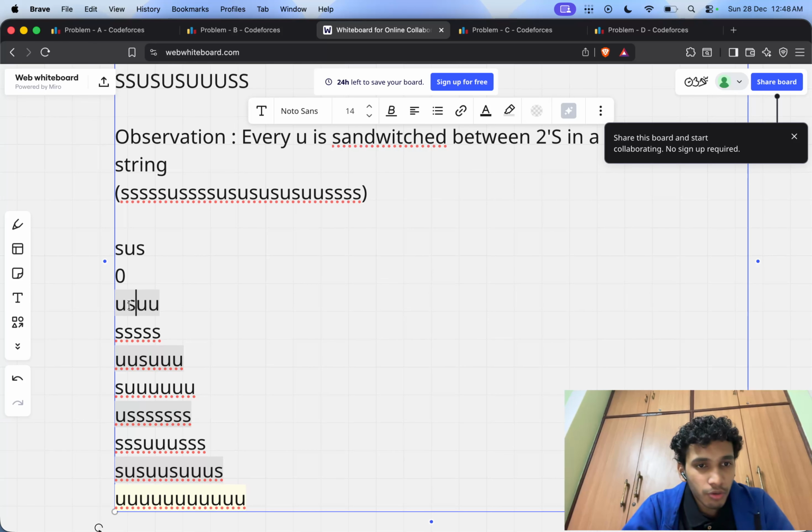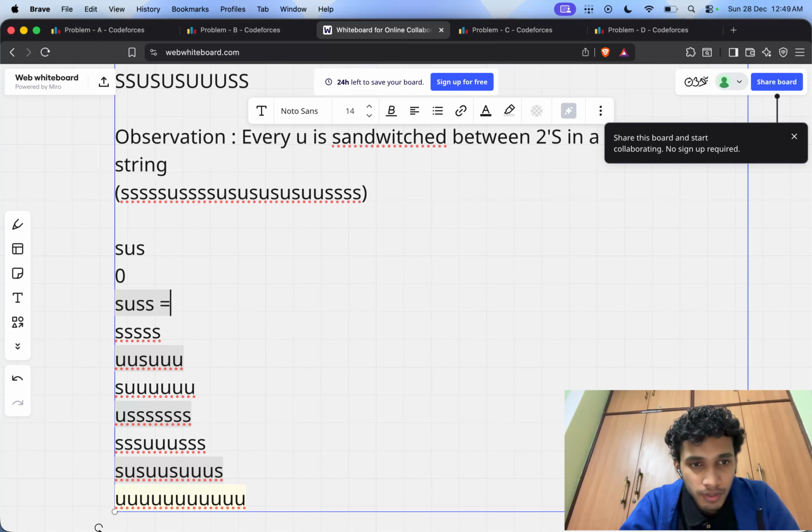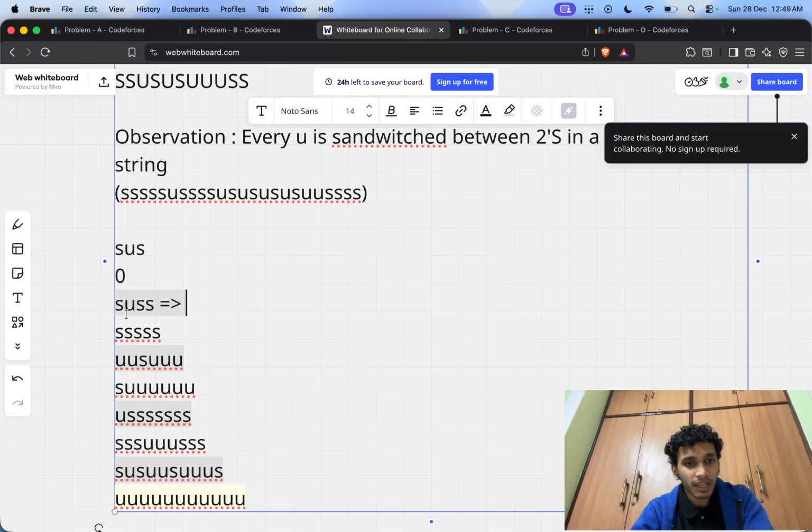So it's better to replace this particular U with a S. Now, for making this particular U sandwiched, this U should also convert to S. And this U should also convert to S because the end element can never be U because it is not sandwiched. So what are the minimum number of operations required when all the characters were U?